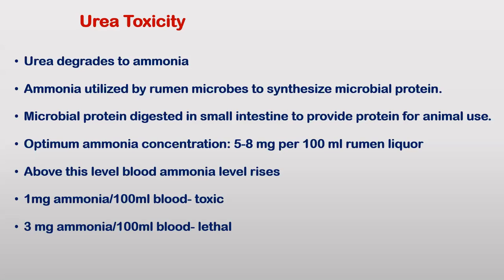Above this level, the blood ammonia level will rise, and once the blood ammonia level rises, ammonia toxicity happens in that particular animal. 1 milligram ammonia per 100 ml blood is toxic, and 3 milligram ammonia per 100 ml blood is lethal.